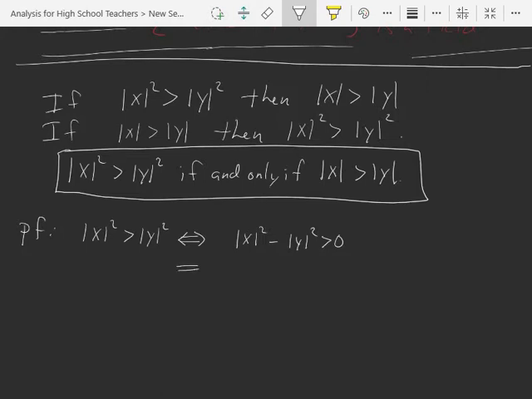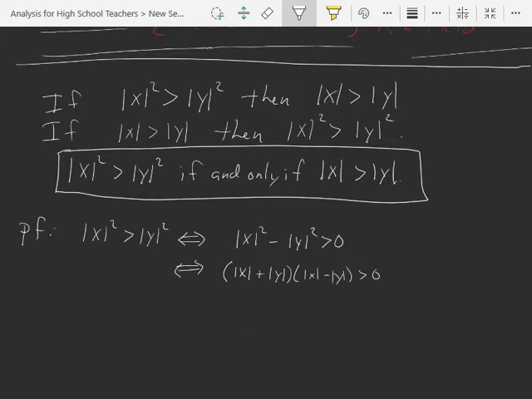And this is true if and only if, well, this is a difference of squares, we're just going to factor it. So you get x in absolute value plus y in absolute value times x in absolute value minus y in absolute value is bigger than 0. So we factored that.